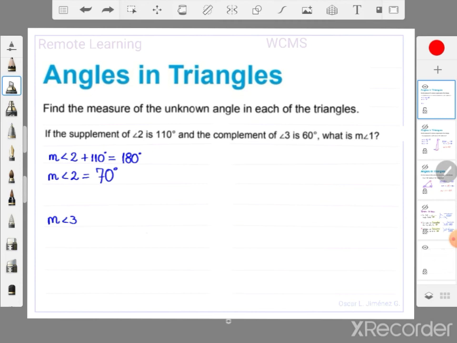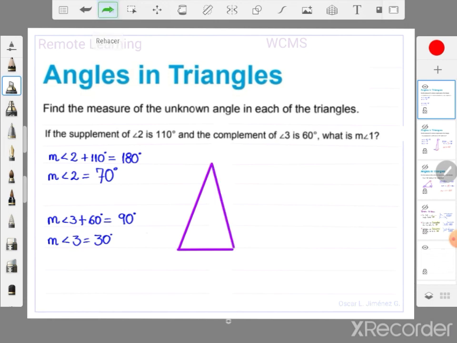So that means the measure of angle 3 plus 60 equals, remember, complementary angles add up to 90 degrees. Okay? Now, which number added to 60 equals 90? Very good, 30 degrees. So now we know this: the measure of angle number 2 equals 70, and the measure of angle number 3 equals 30.